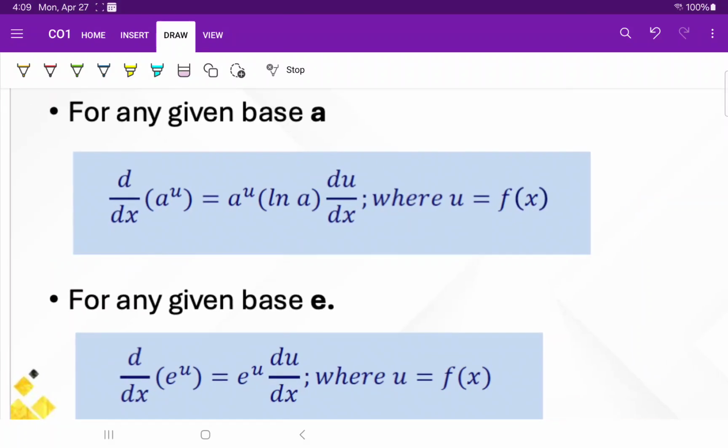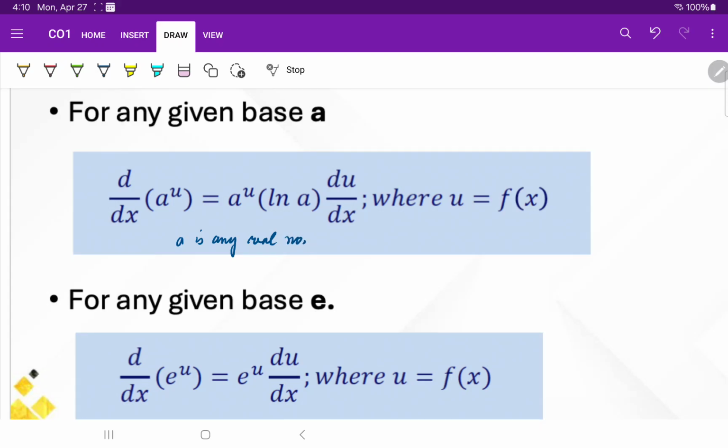So here, the derivative of a to the u is equal to a to the u ln of a times the derivative of u with respect to x, where u is a function in terms of x, and a here is any real number.